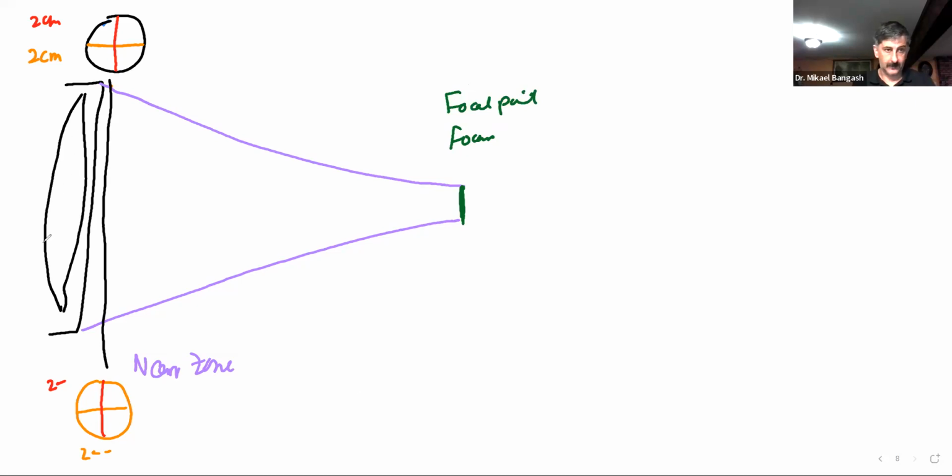This transducer here has a PZT size of 2 centimeters tall, 2 centimeters wide, where the initial dimension of the beam also will be 2 centimeters tall and 2 centimeters wide. Clear?